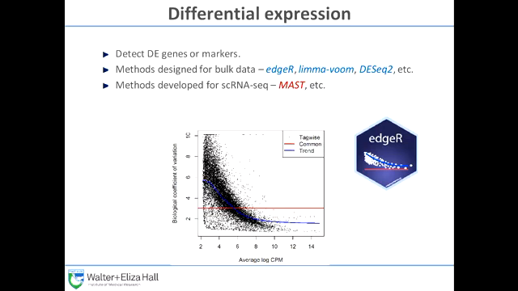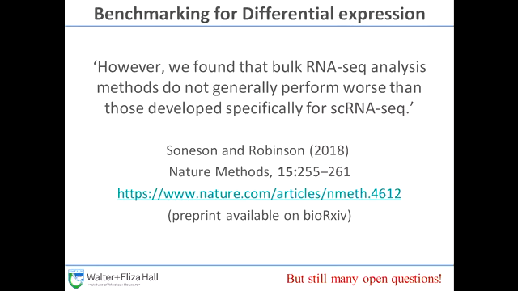If you've defined clusters from your gene expression data, then by definition those clusters must have differences in expression between them, or else your clustering method wouldn't have found them. So you're biasing your statistical test. When we're looking for those marker genes, we have to bear that in mind and take any p-values that come out of these tests with a big pinch of salt, and not rely too much on them in what we do.